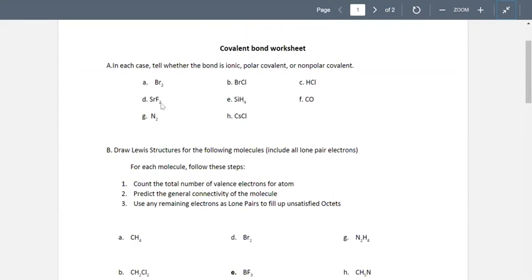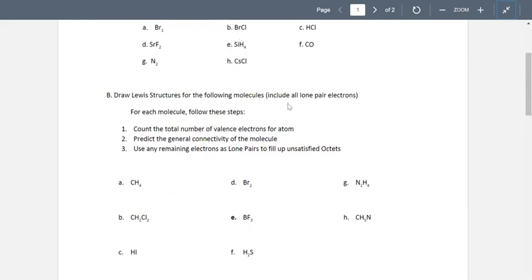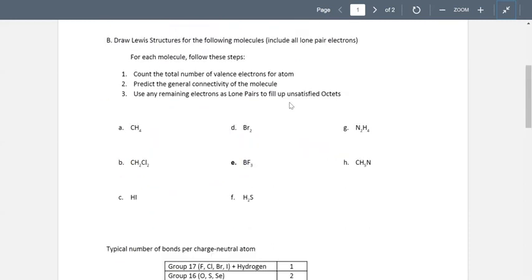For fluorine, you're going to just look at the difference between the electronegativity of this and of this, find the difference, and then check the table and see where it lies. If it is less than 0.5, then we say non-polar covalent; if it is 0.5 or more, then we say it is polar covalent; and if it's 1.9 or more, then we say it is an ionic bond.